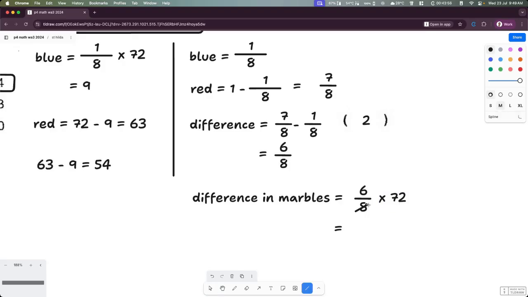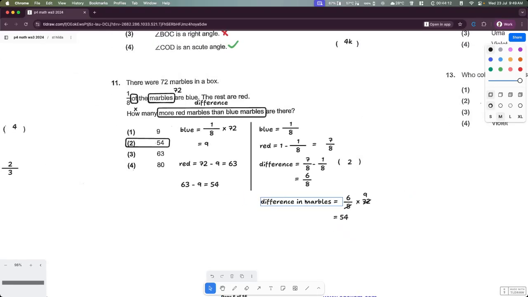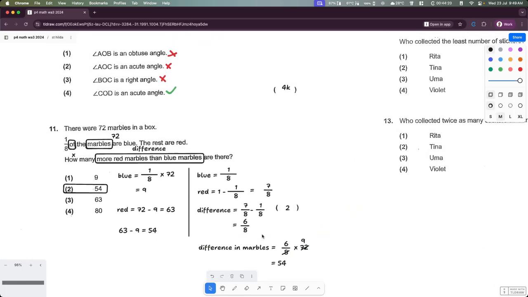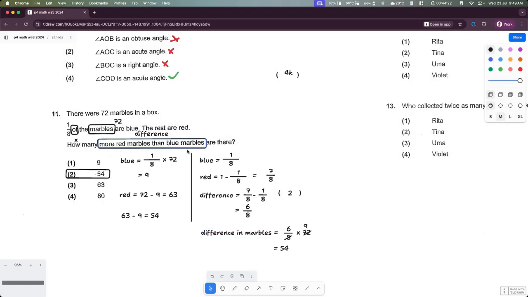Then 72 divided by 8 will give us 9. Then you have 6 times 9, which gives us 54, which is also the answer. So there are two ways to do this. Whichever way you think is simpler, you can do it that way. Hopefully this gives you more options to do one problem.